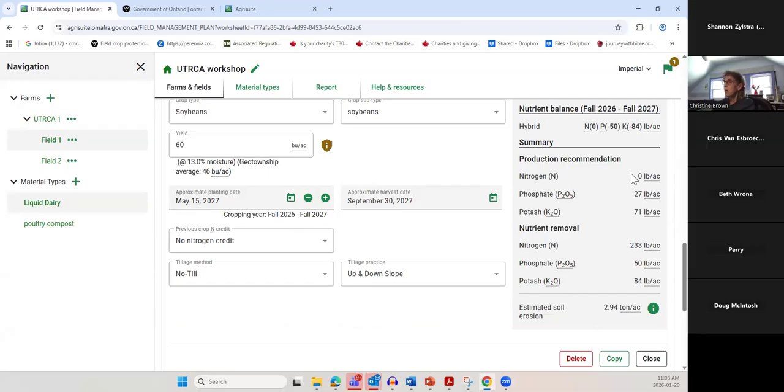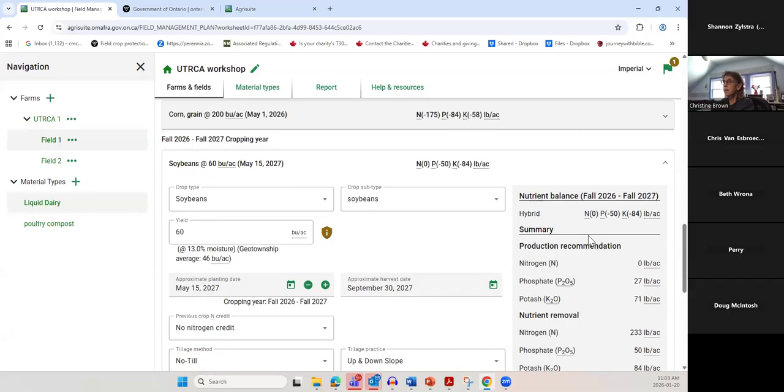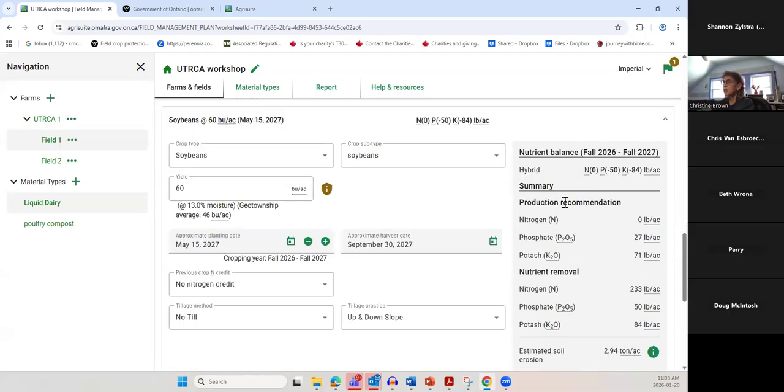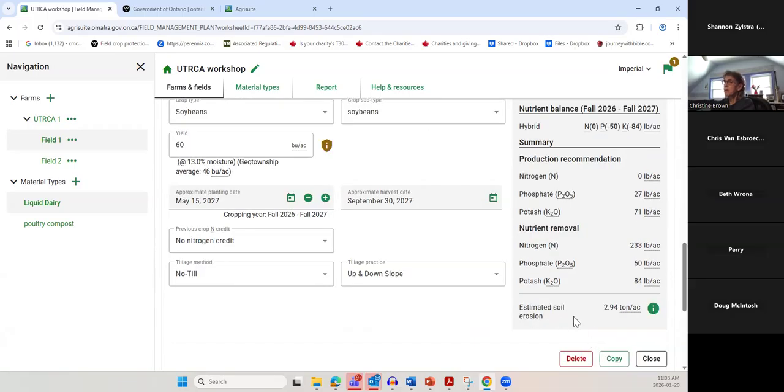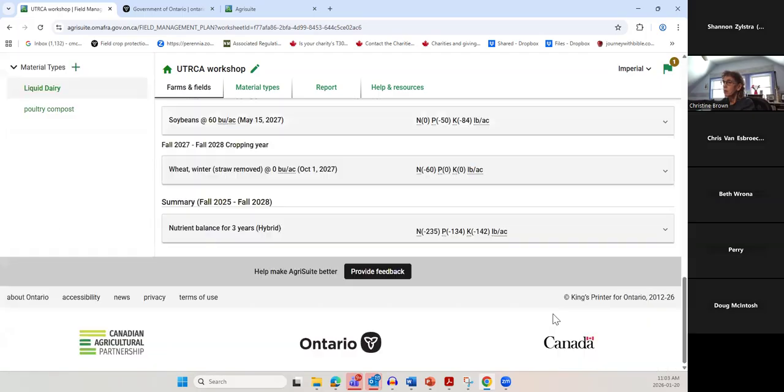Again, because I've got hybrid, my production recommendations say I don't need any nitrogen because nitrogen is produced from the legumes on the soybeans, or from the nodules, I mean. Phosphate, potash recommendations, there's the removal. It also gives me, based on my site characteristics, an estimate of soil erosion based on the no-till and the crop itself.